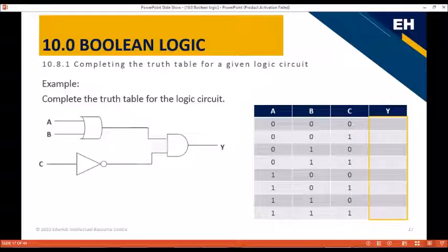So A and B go into the OR gate, and C goes into the NOT gate. The output of A OR B and the output of NOT C both go into the AND gate to produce the output Y. So you have a maximum of 2 inputs per logic gate. Let's proceed.